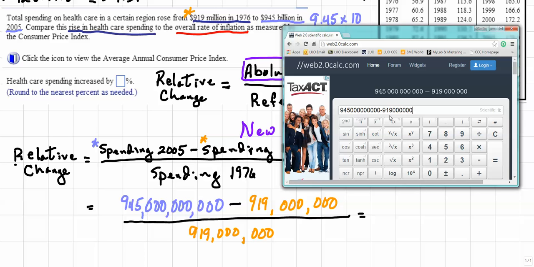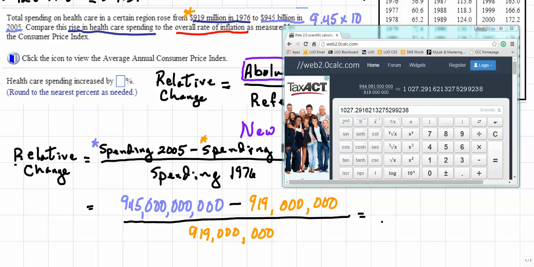I'll press equals, and then I'm going to divide that by the 919 million. Press equals again, and I'm going to get this value right here of 1027.